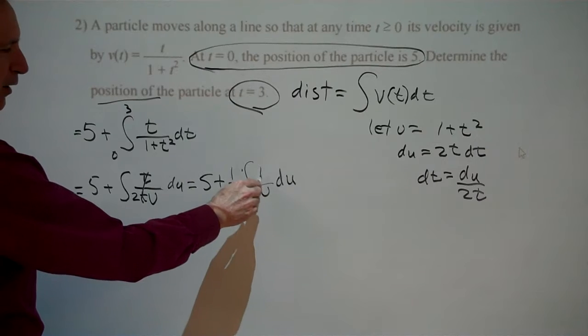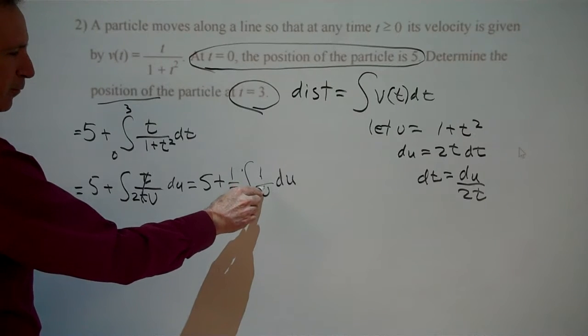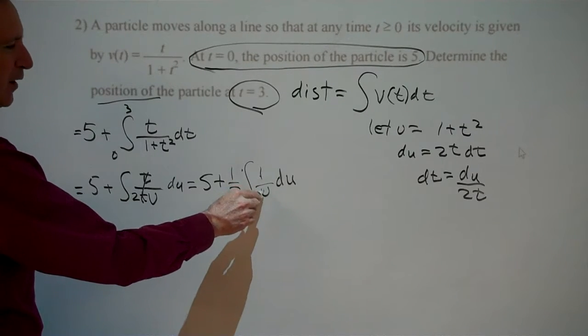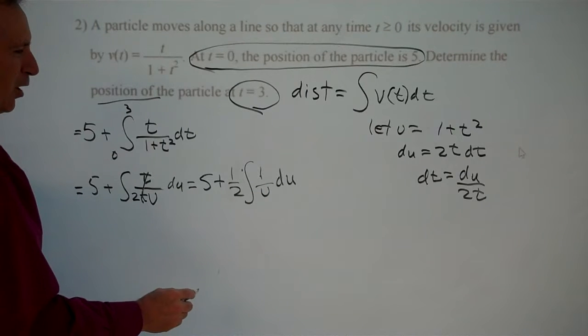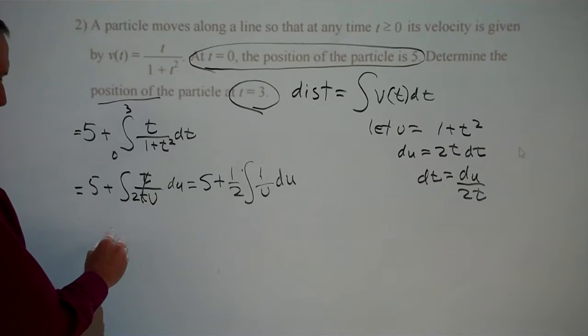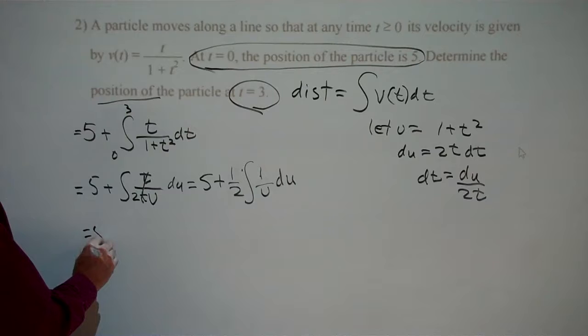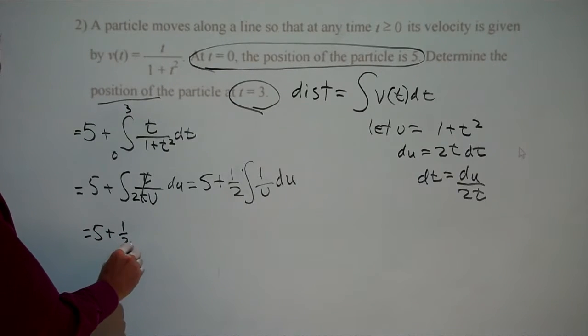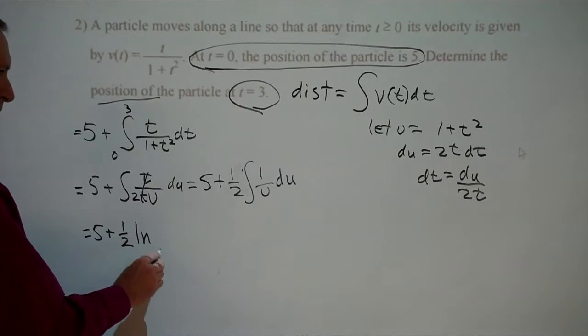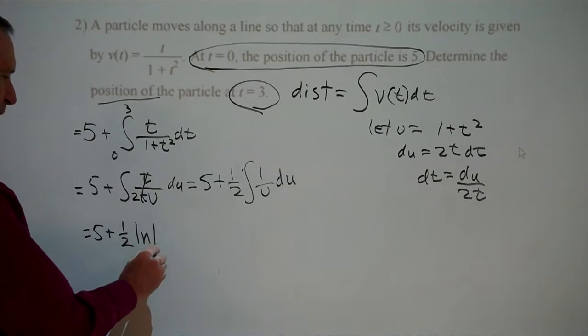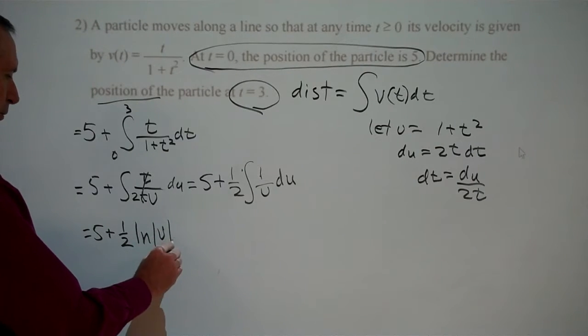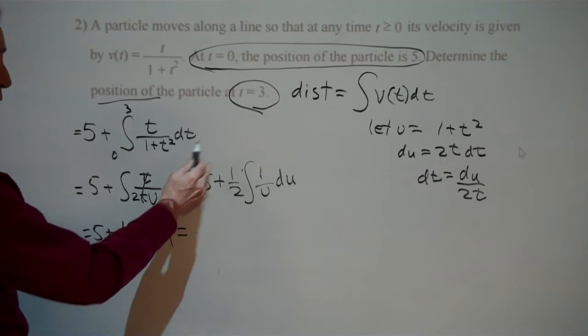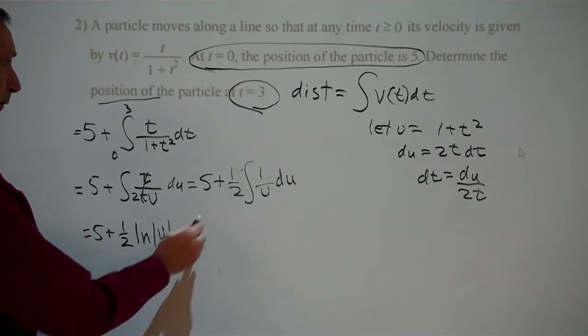Well, the integral of a variable to the -1 power is the natural logarithm, so we say equals 5 plus 1/2 ln of absolute value of u, and then we're going to reintroduce the limits here.